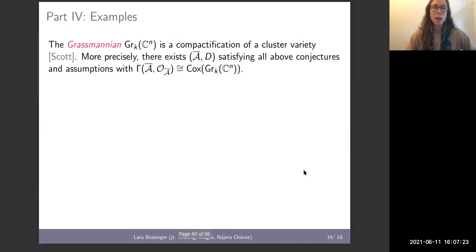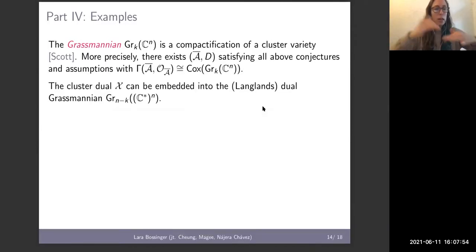So we got to this notion of intrinsic Newton-Okounkov bodies by studying the Grassmannian. The Grassmannian is a compactification of a cluster variety, or its universal torsor is a partial compactification of the cluster variety. More precisely, we're in the setting where this partially compactified cluster variety has a ring of regular functions isomorphic to the Cox ring of the Grassmannian.